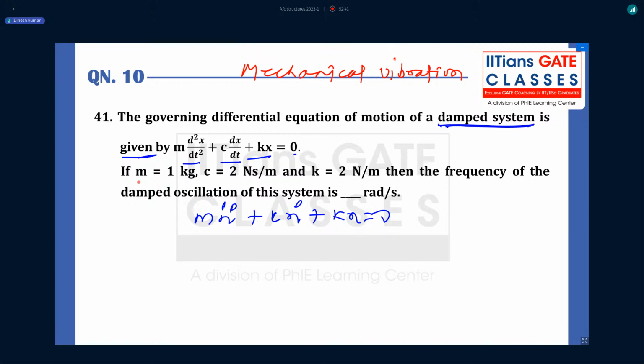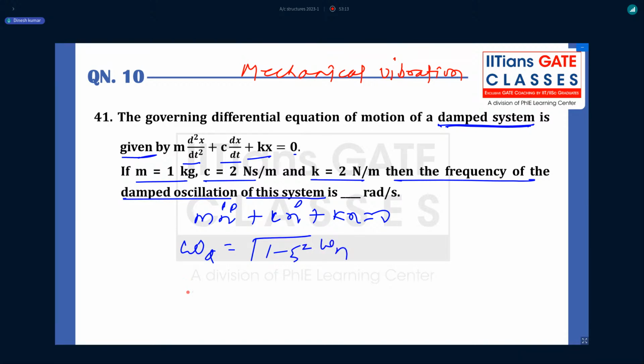Now here mass is given 1 kg, c, the coefficient of viscous damping, is 2 Newton second per meter, k equal to 2 Newton per meter. What is asked? The natural frequency of the damped oscillation of this system. We know the damped oscillation frequency omega d is under root 1 minus zeta square times omega n.